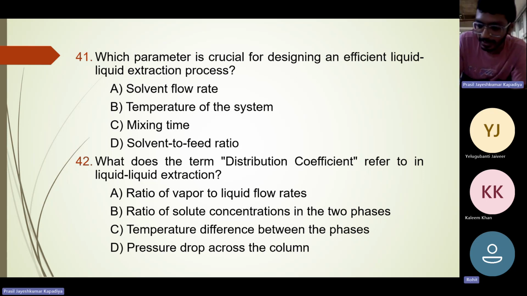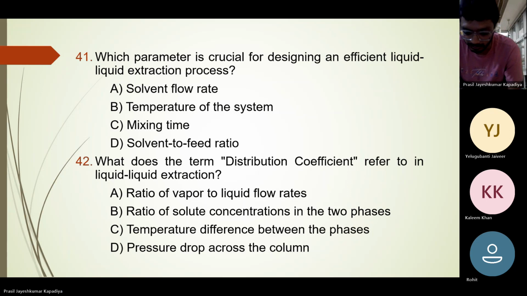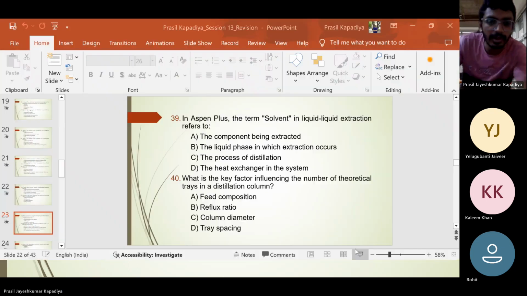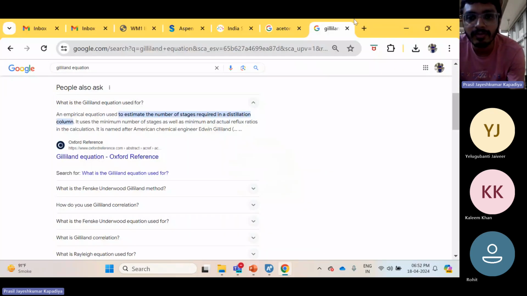So what we do, let's say we have one solvent rich phase. Okay, let's first check, then it will be easier for me to explain. I can also check which assignment is that.